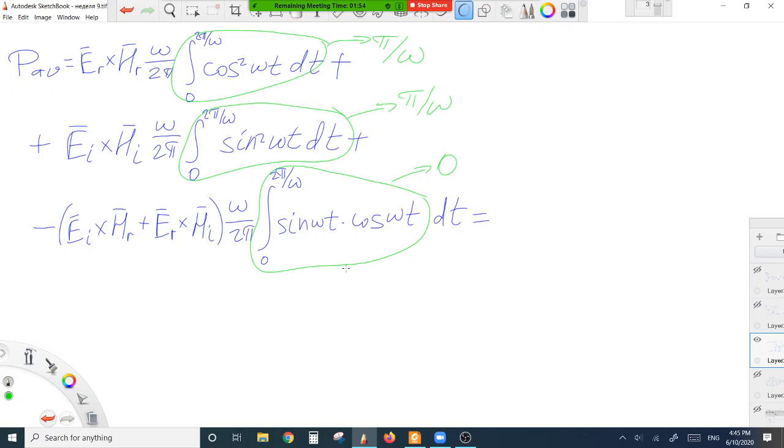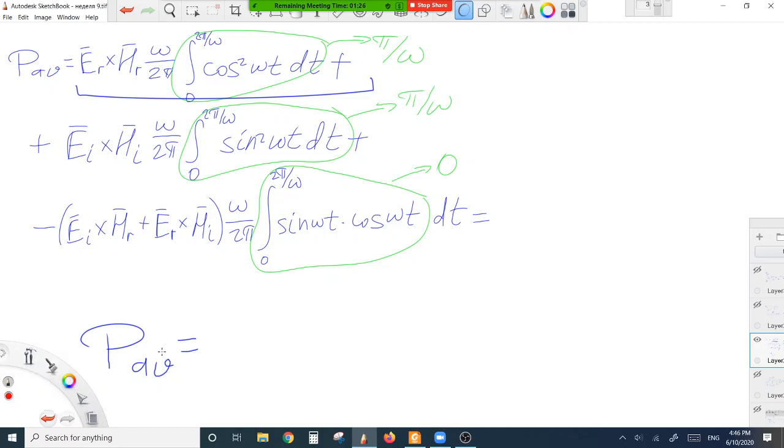As a result, for the time averaged Poynting vector, let's look at the first term: Er cross Hr multiplied by omega over 2π multiplied by π over omega.